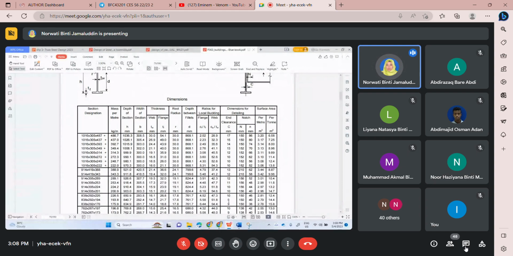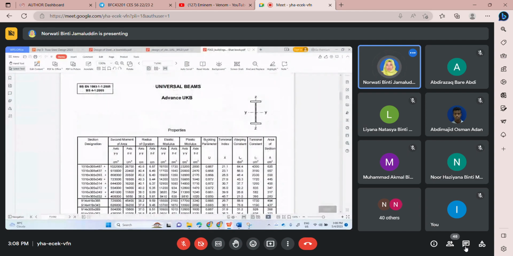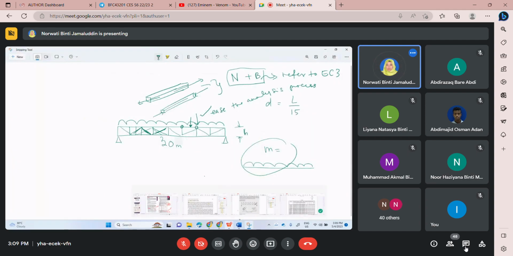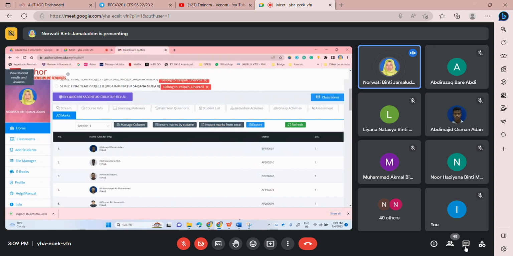Okay, then buka. So last time, during my time, we used capital Z to represent elastic modulus. Saya cakap tadi plastik, no, elastic modulus.